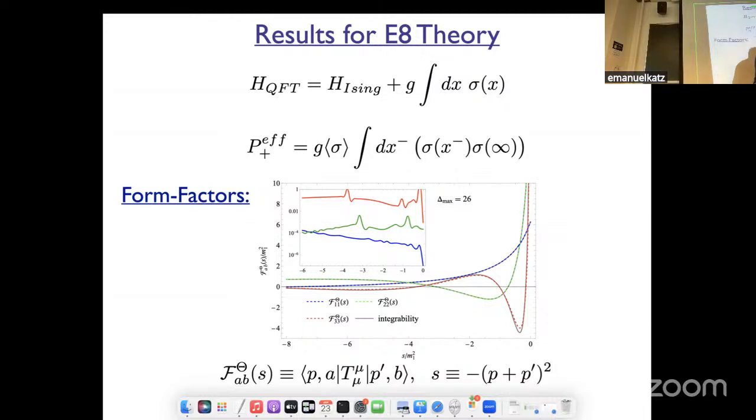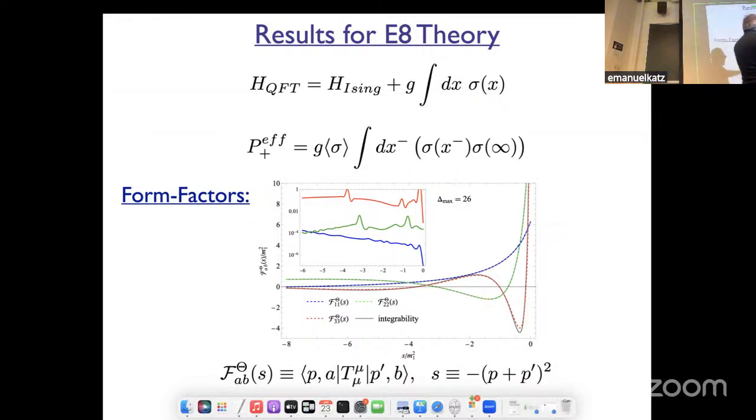For example, we can measure a form factor. This is an operator between two states. This theory has 8 bound states, which are organized using this E8 symmetry. And here is a particular form factor. Again, momenta are continuous for us, because it's a system in infinite volume, which is boost invariant.